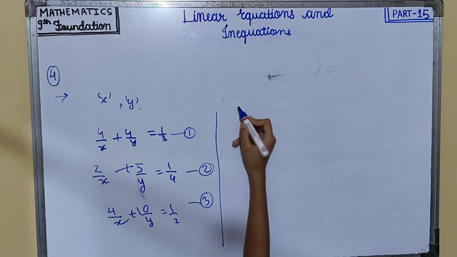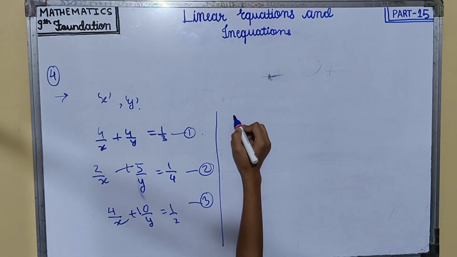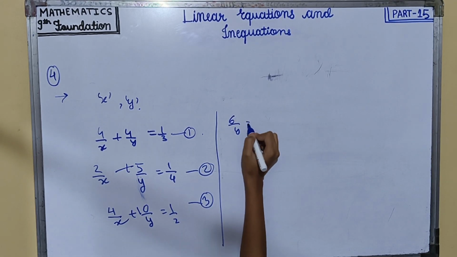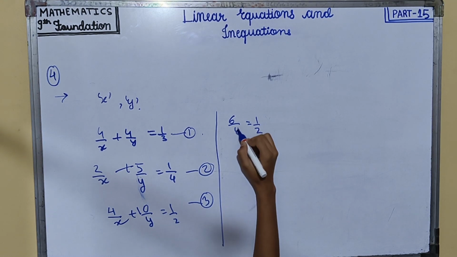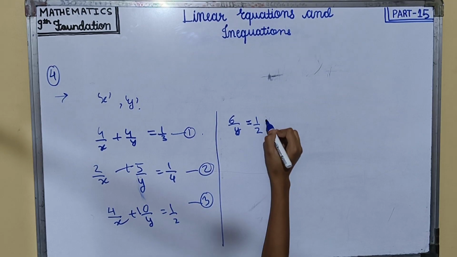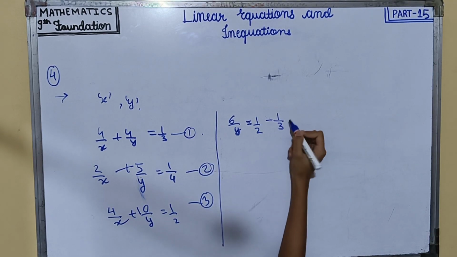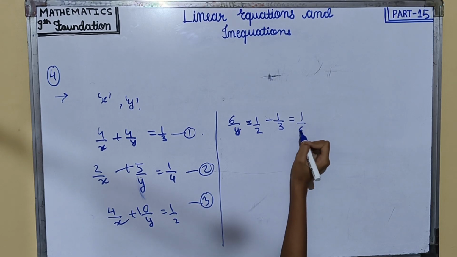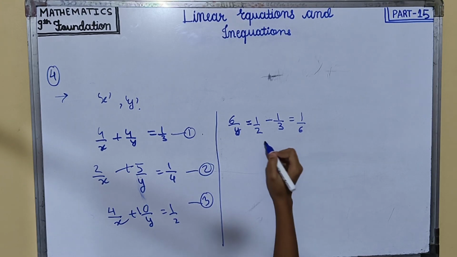Now subtracting 1 from 3, we will get 6 by y equal to 1 by 2 minus 1 by 3, equal to 1 by 6. So y would be equal to 36.